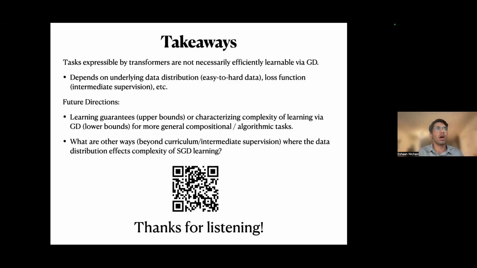And moreover, what are other ways beyond just this curriculum or intermediate supervision where one can either change the data distribution, the algorithm, or the loss to affect the complexity of learning via gradient descent? And I think this could be very interesting to the transformer theory or deep learning theory community more broadly to think about how to go beyond tasks such as, say, parity to really fundamental compositional or algorithmic tasks which look closer to the modern language modeling setting.